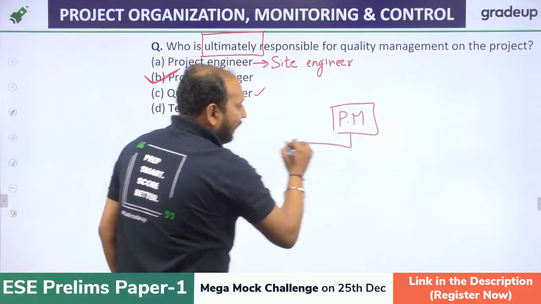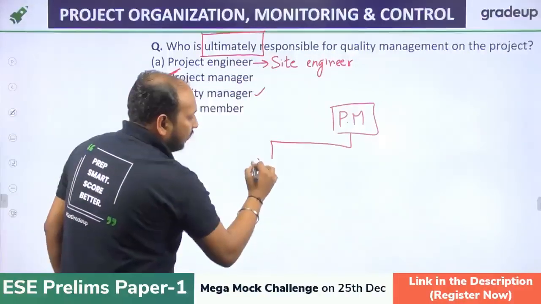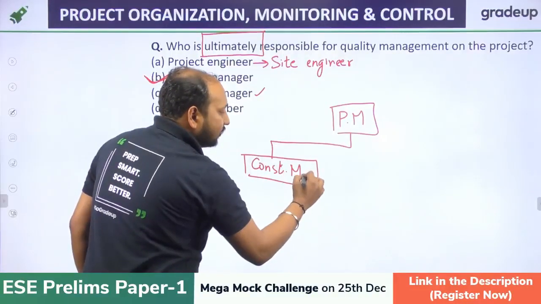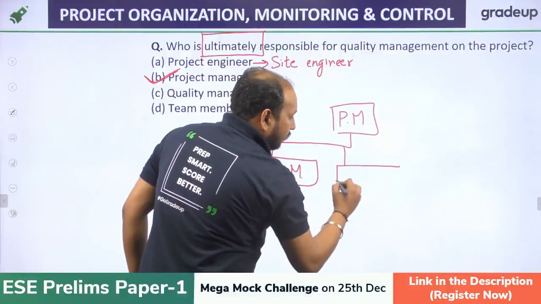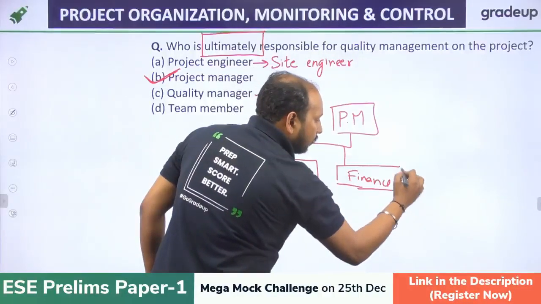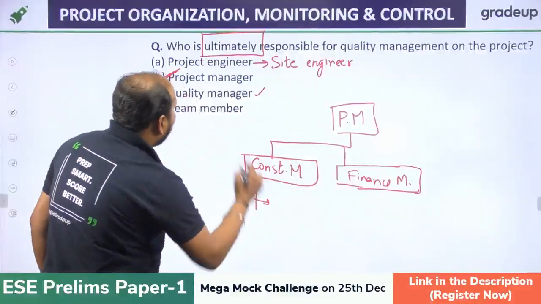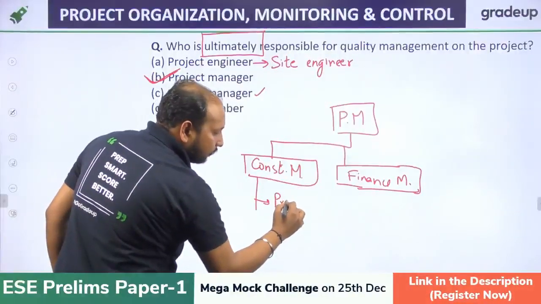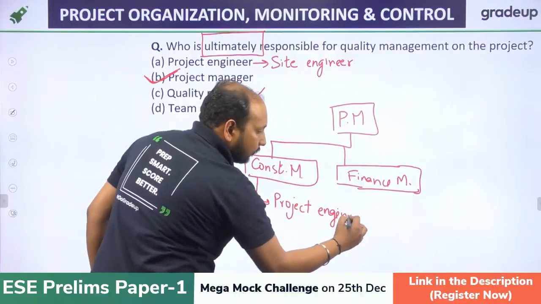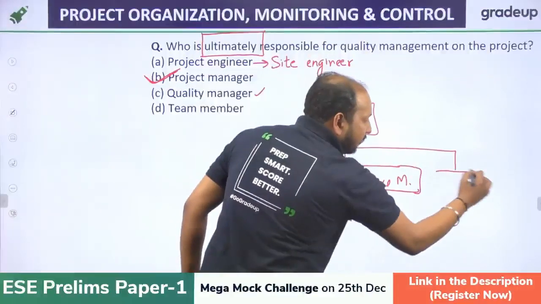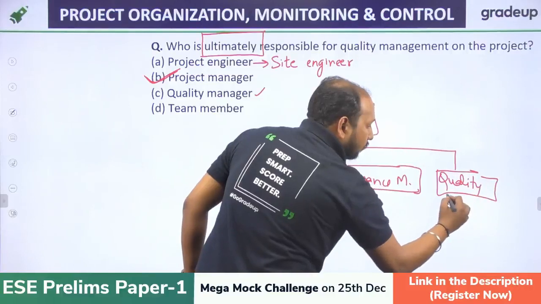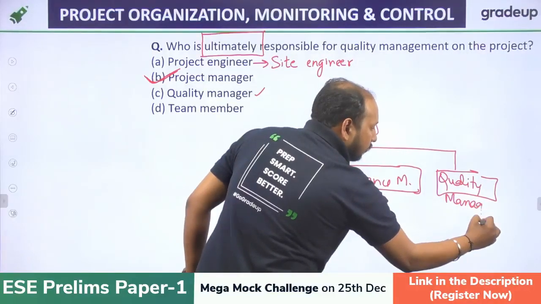Under the project manager we have the construction manager, and we have the finance manager. Under the construction manager we will have the project engineer. We also have a quality manager. Clear?